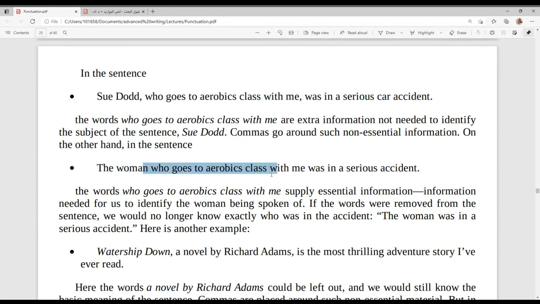So we add this information as essential information in order to make sure that the listener is understanding who the woman is that you are referring to.